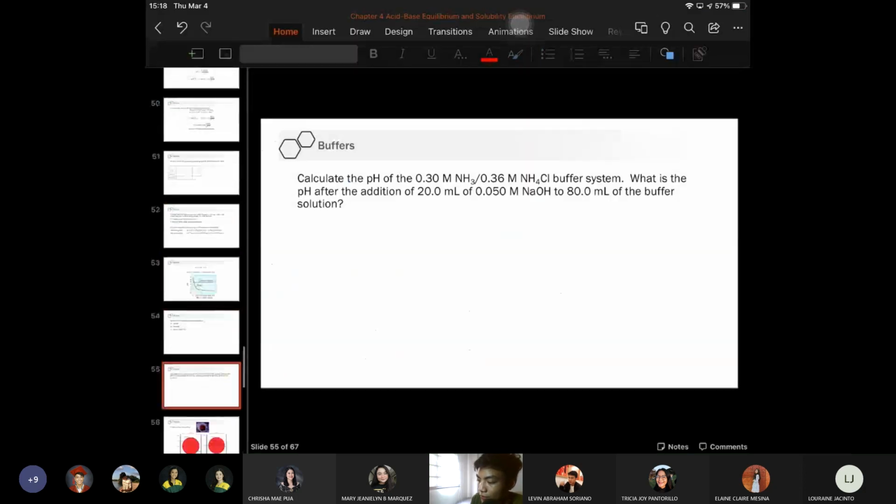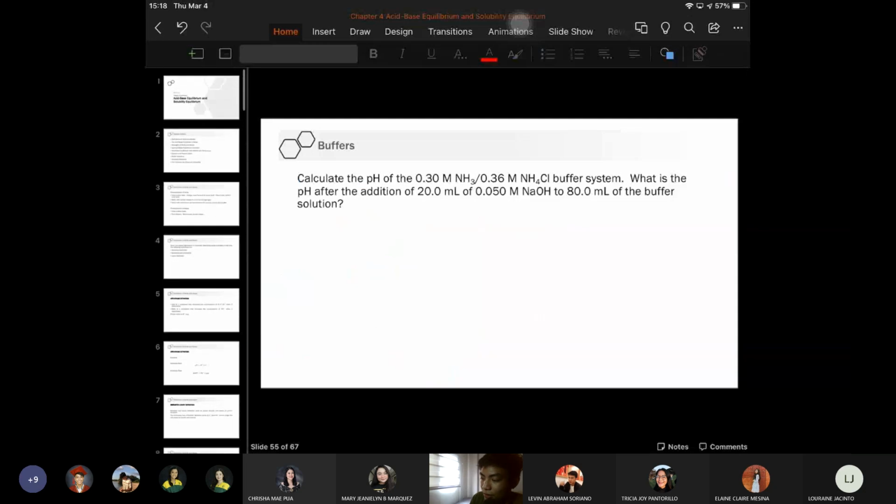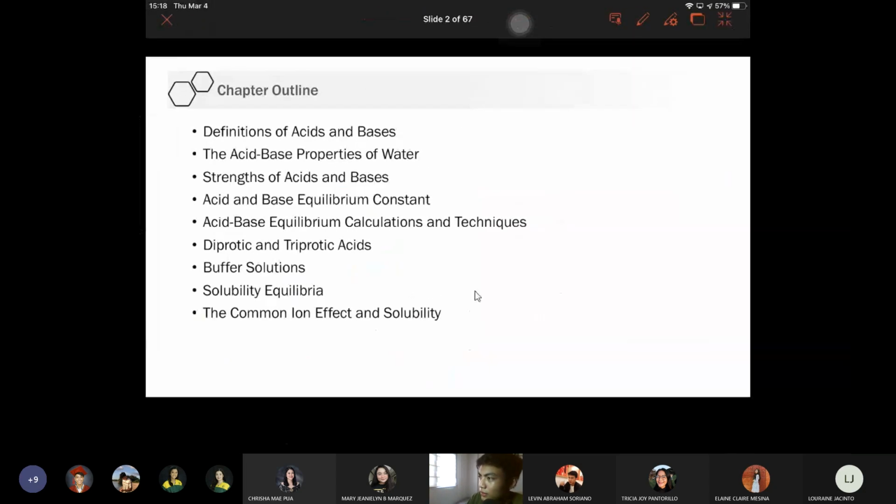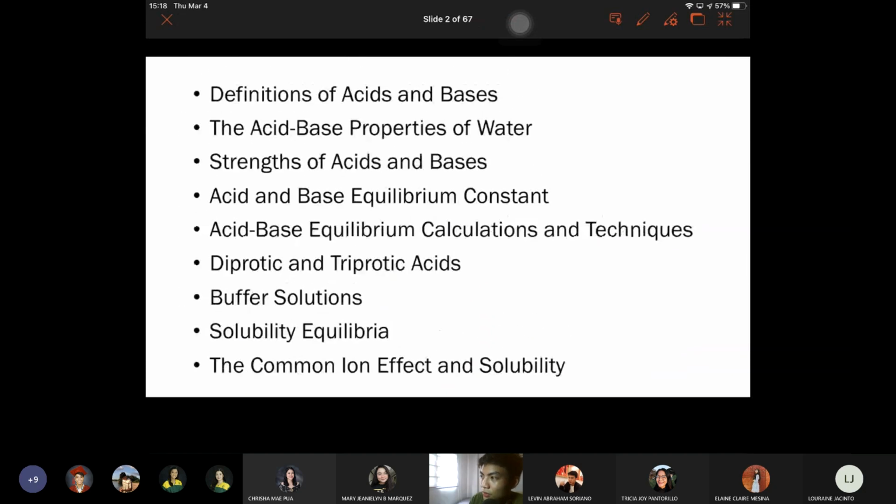Okay? So, with that, we are done for the coverage of our topic today. Natapos na natin ito. Square root of tsaka. Itong diprotic, triprotic acids. Alam nyo na that stepwise yung ionization ng acids.